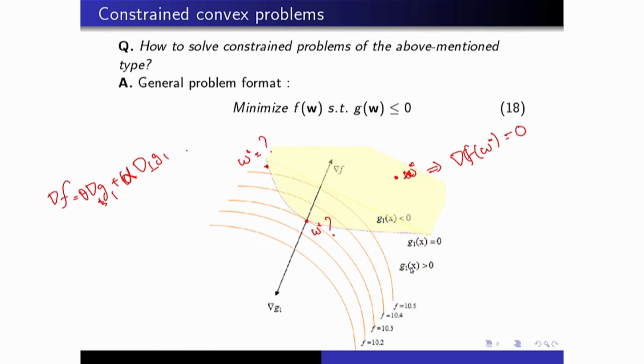You don't want to be able to decrease the function f, moving against the direction of the gradient of f, while at the same time not changing or in fact decreasing g_1.